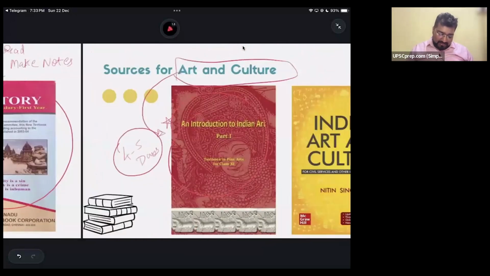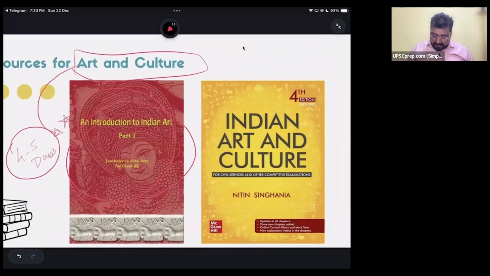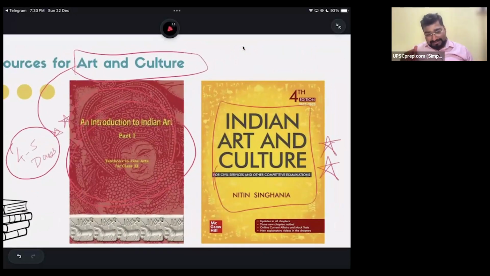And then add to your arsenal this particular book, An Introduction to Indian Art. Do this, okay? If you are not willing to do this, fine, no issues. Indian Art and Culture by Nitin Singhania sir is also a book. That book is really very awesome, but it's quite lengthy, quite a bit bulkier.